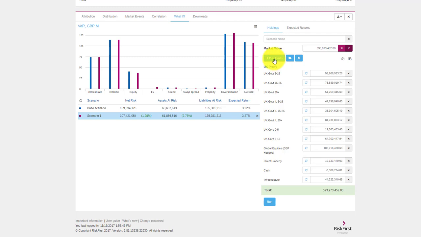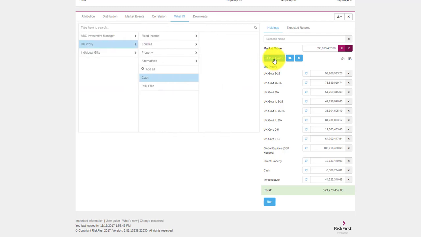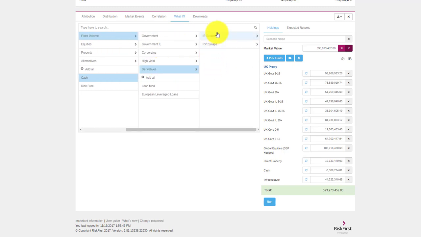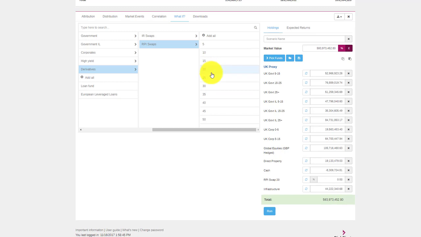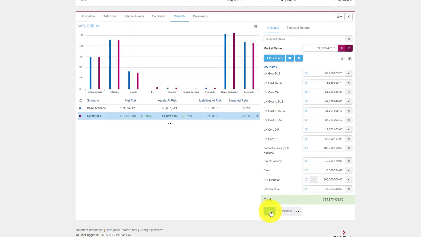This can be done by pressing Pick Fund, UK Proxy, Fixed Income, Derivatives, and choosing the relative interest rate or RPI swaps. There are various maturity buckets available. Let's pick 20 years and allocate a notional amount of £100 million. Rebalance, run.